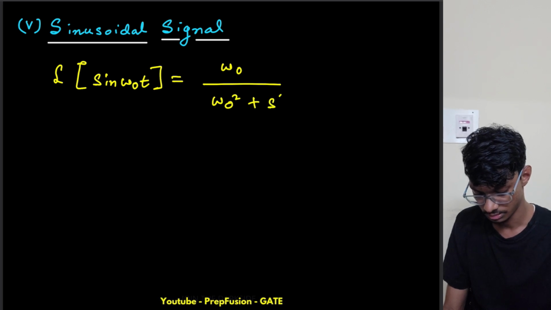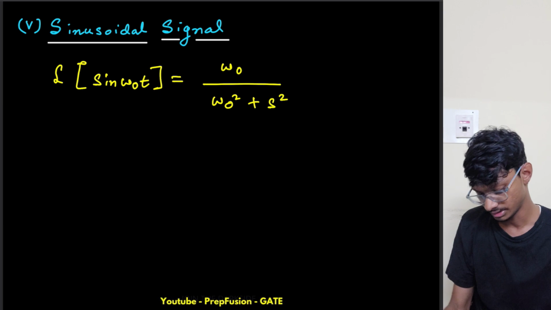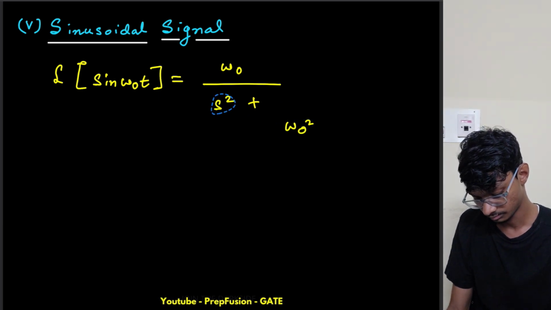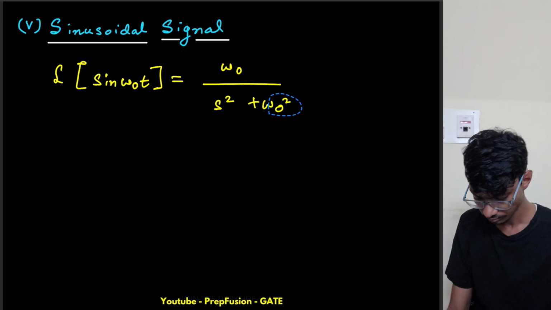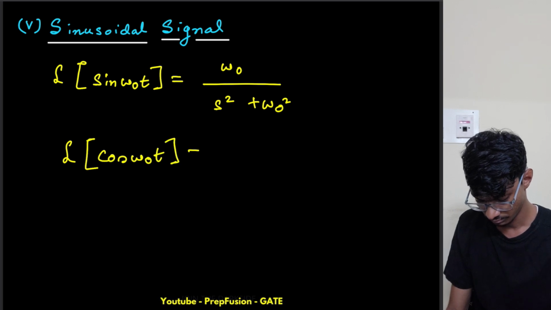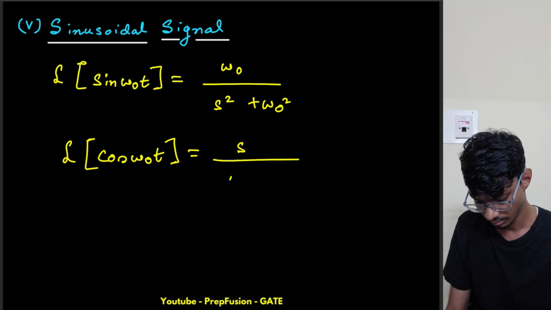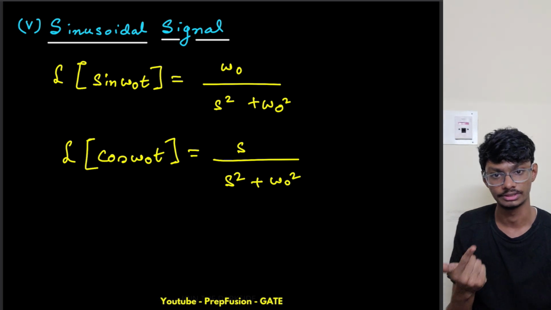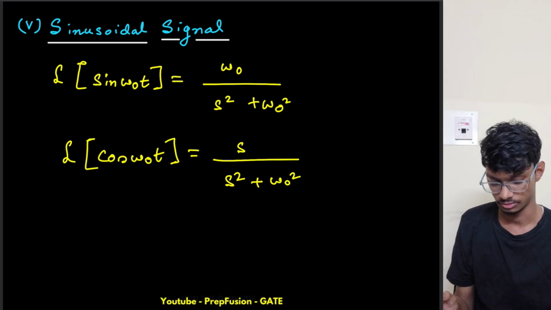And for cosine, it is s divided by s square plus omega naught square. So this is the formula. You should derive it for yourself. These are the standard formulas.